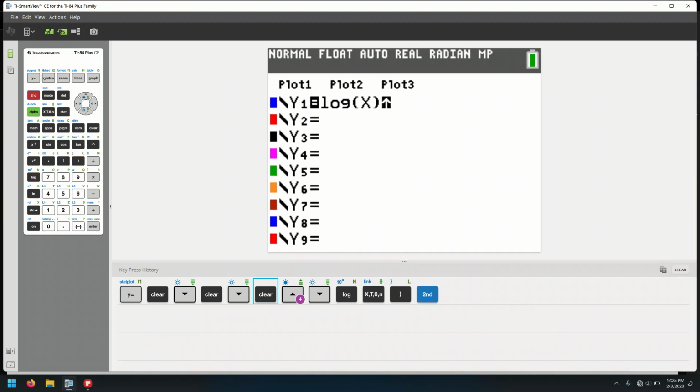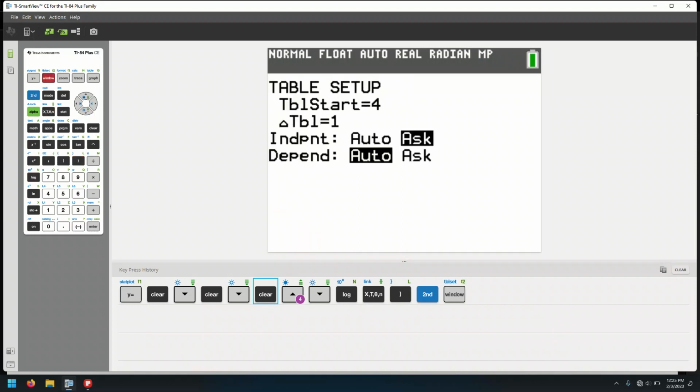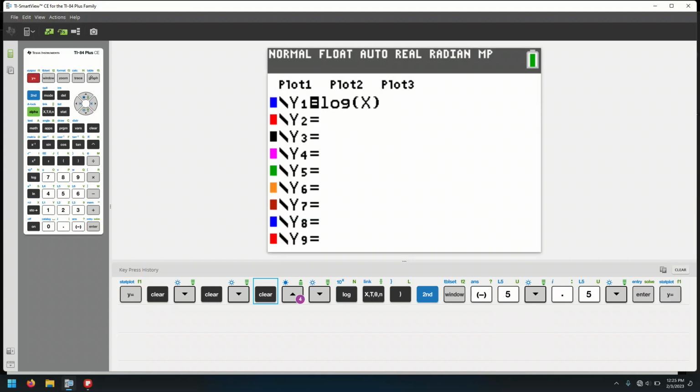And I'm going to, okay, table set. I'm going to start my table at -5, for example, with increments of 0.5. So we can see, and in this case, I'm going to generate values automatically.